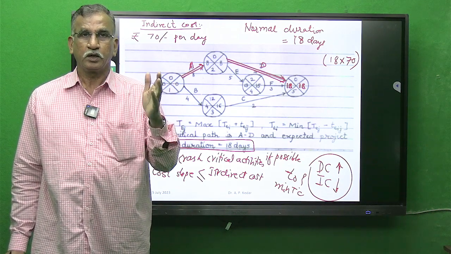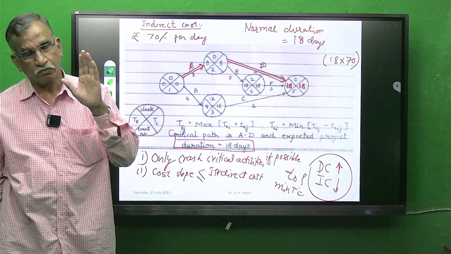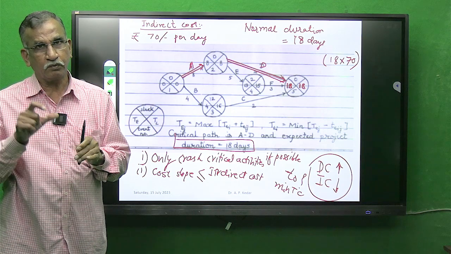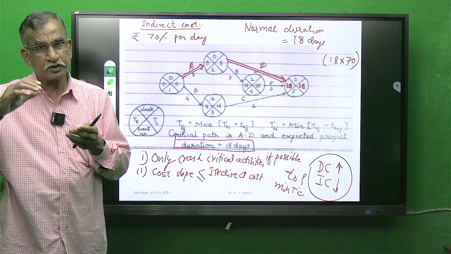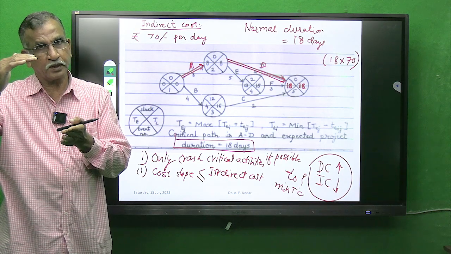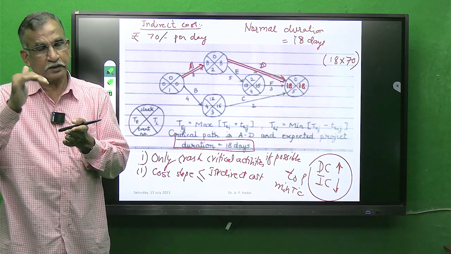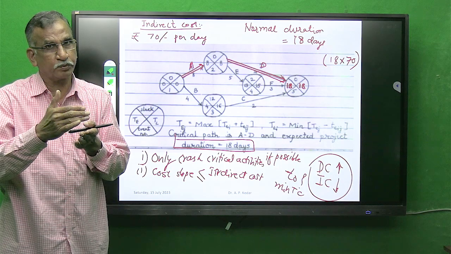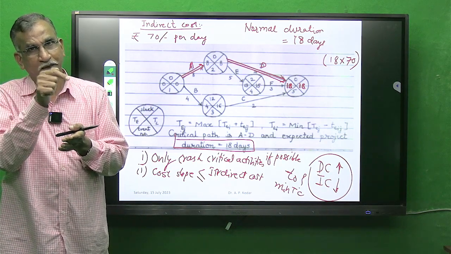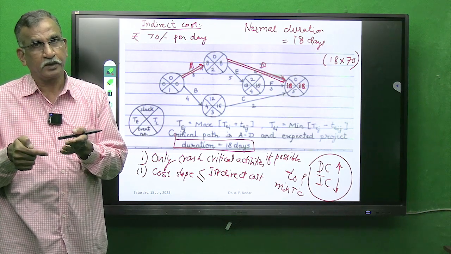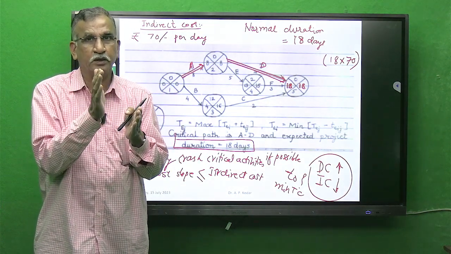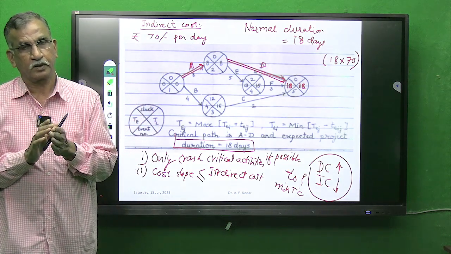On the contrary, if I reduce that activity by one time unit, I will save 70 rupees per day as indirect cost. At the same time, I am expending 30 rupees. So what is the net saving? 70 rupees minus 30 is the net gain to me with reducing the time duration by one time unit.